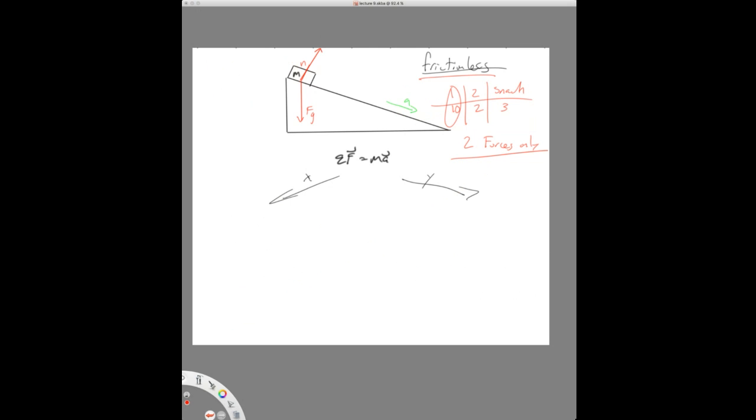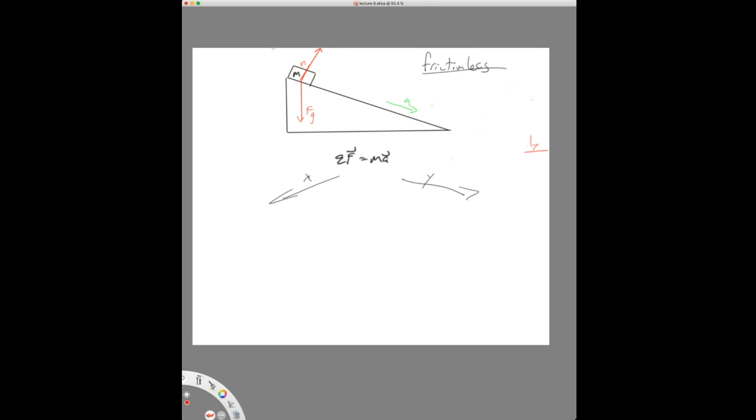The easy way is to just take our picture. Before I do that, I'm going to clean up this. Get rid of some stuff here. Okay.